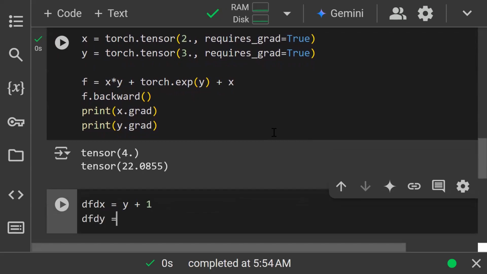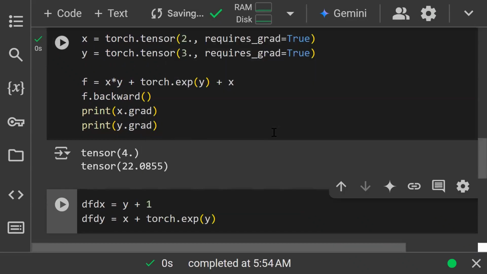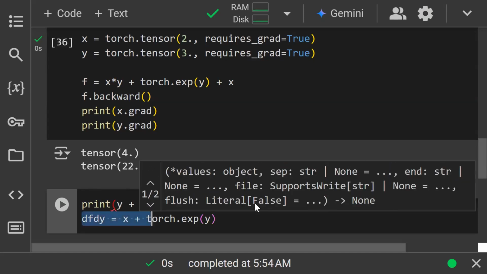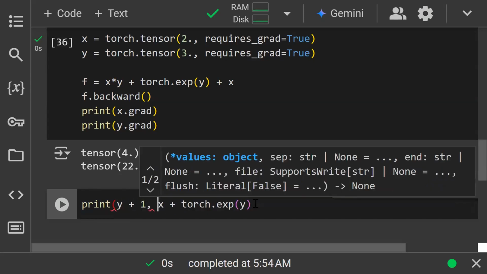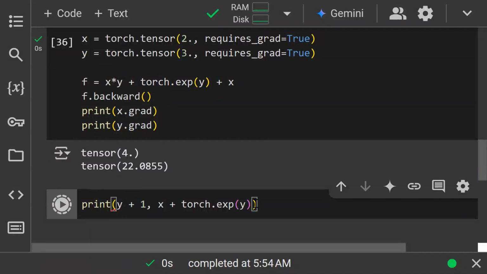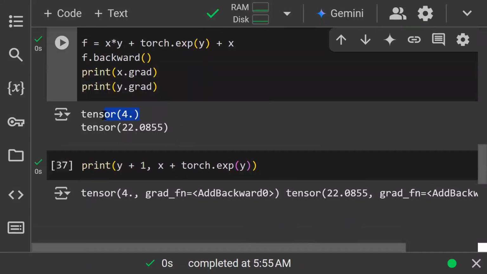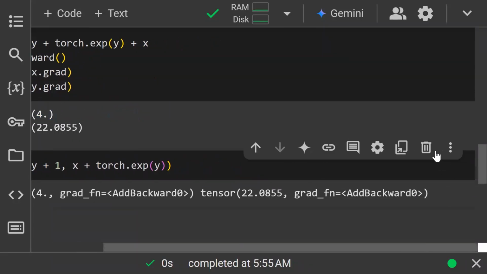And df dy equals x times exponential y, and then the last term gets ignored. This is the analytic derivative, which is exactly the same as what PyTorch computed. So far so good. That was just a sanity check.